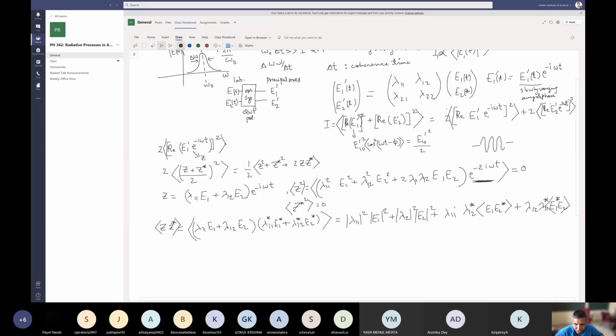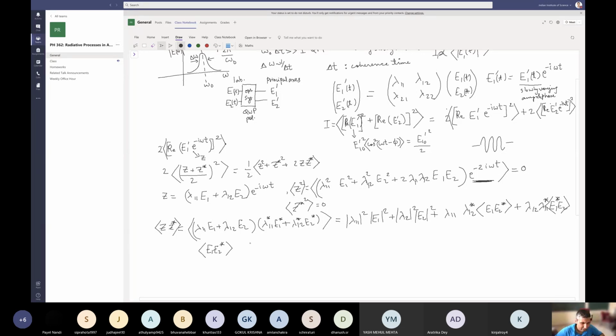Here the fast time variation was not there, so this is what it will be. There is still some time dependence because the amplitude itself is slowly varying with time. But for time scales much less than delta t, this can still be treated as monochromatic. That's why it's quasi-monochromatic. For example, what does E1 E2 star mean?